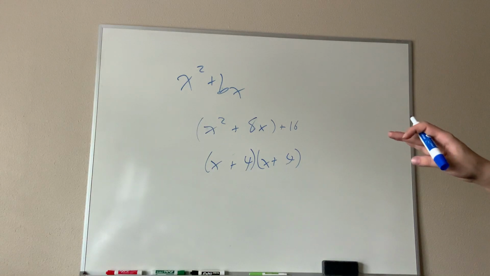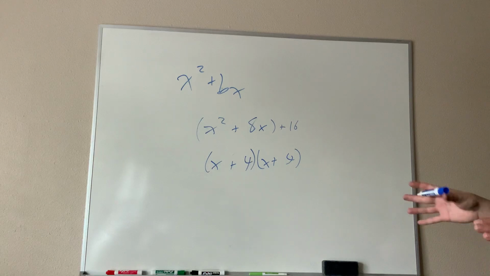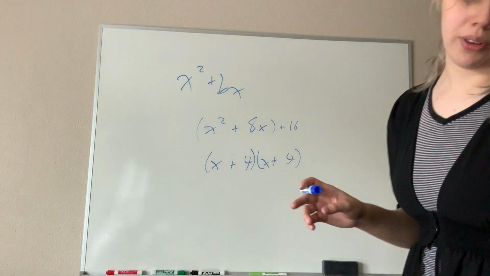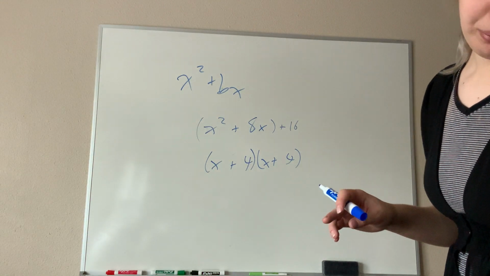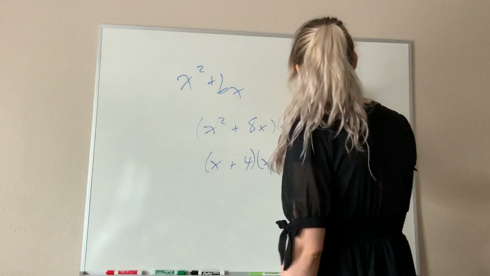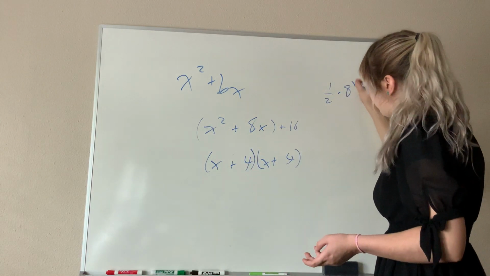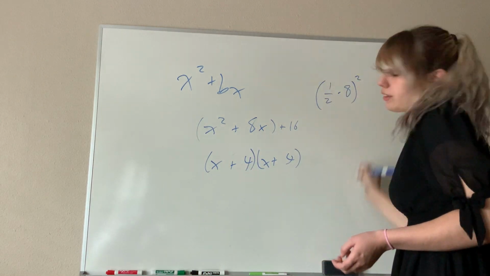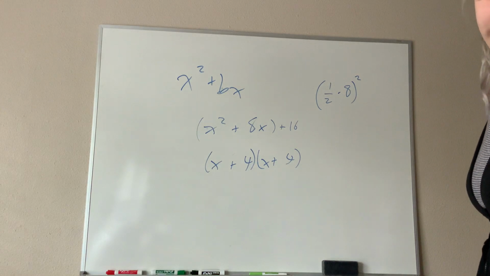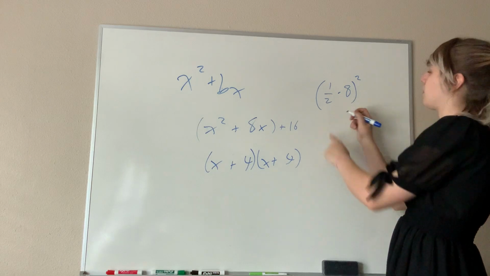So it's a little simple, but it also gets confusing because sometimes you don't know what the square is going to be. But an easy way to find it is to do one half times whatever b is, squared. Right now b is 8. So one half of 8 is 4.